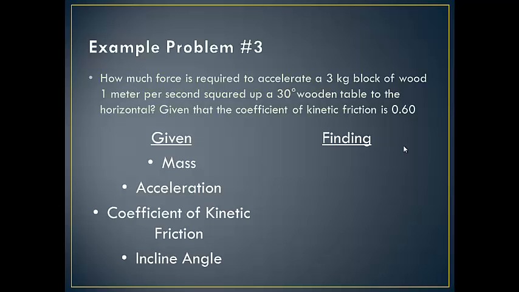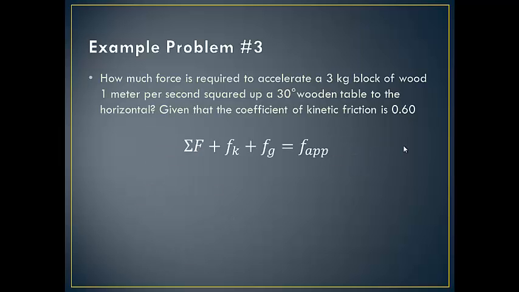Now, we are finding net force, and so we know that sigma F, or net force, plus the force of friction, plus the force of gravity, is equal to F applied. We are finding F applied because we are finding how much force is needed to push a box up a ramp.